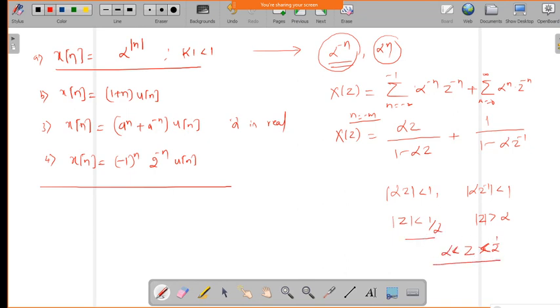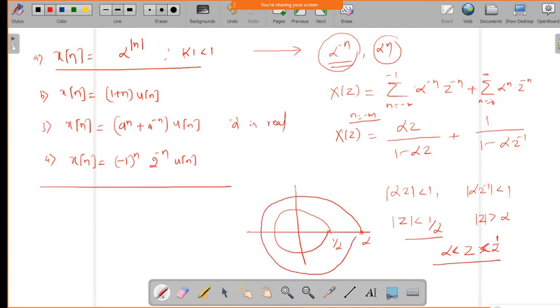Now we can represent this one in the z plane. Because we don't know the value of alpha, without knowing it we can express 1 by alpha somewhere here and alpha somewhere here, and in between there the ROC exists.